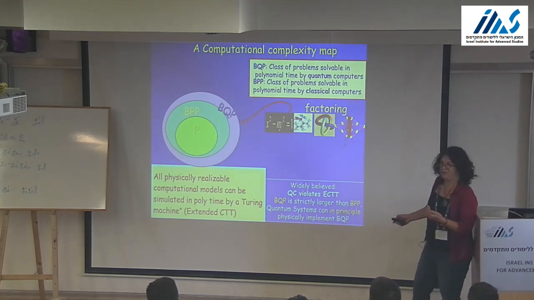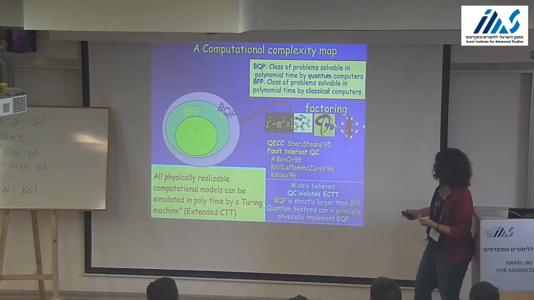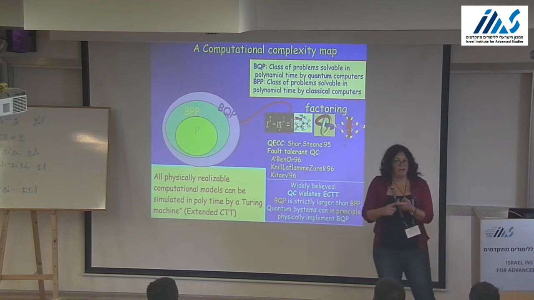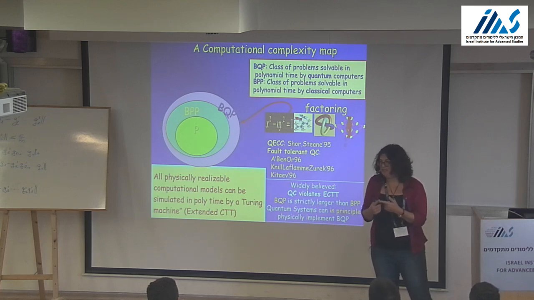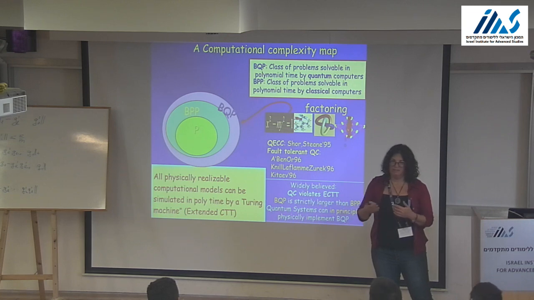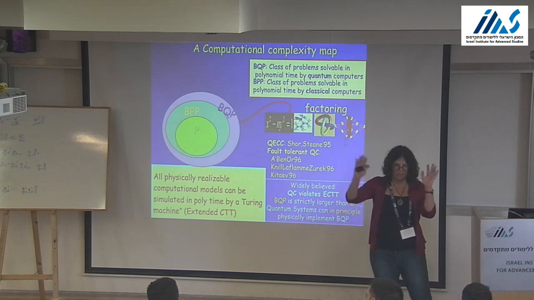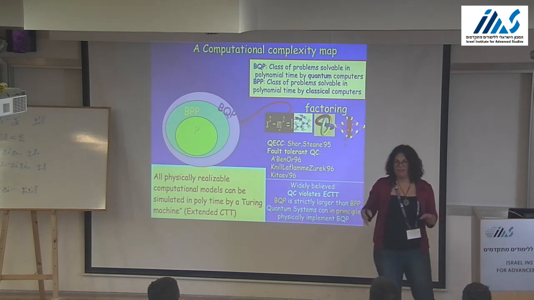The fact that it violates it relies on A, the mathematical conjecture that BQP is really different than BPP, and B, that we can actually implement BQP in the lab. The second one relies on handling errors and noise, and that will be a topic of Sergey's talk later on.